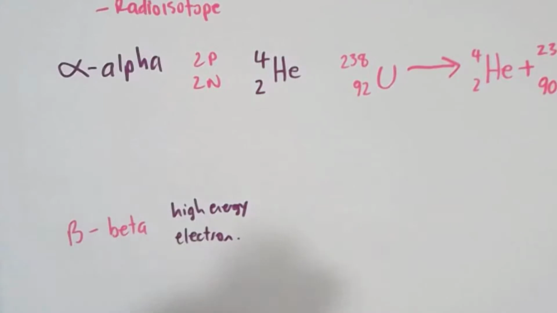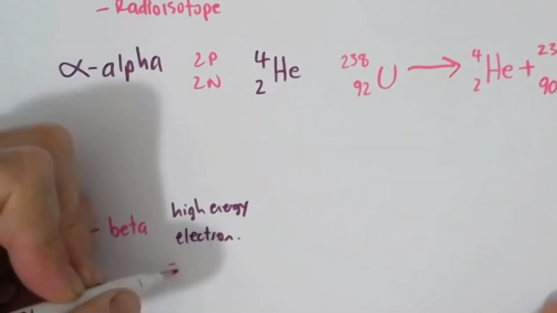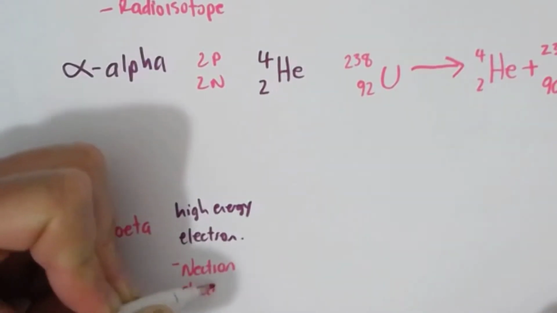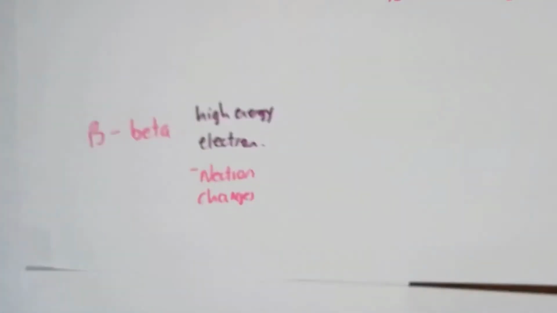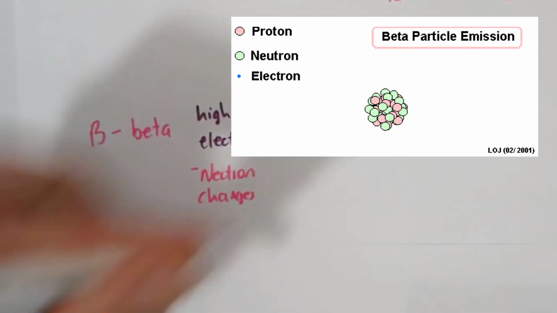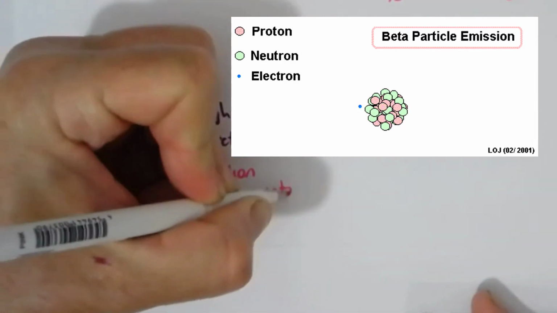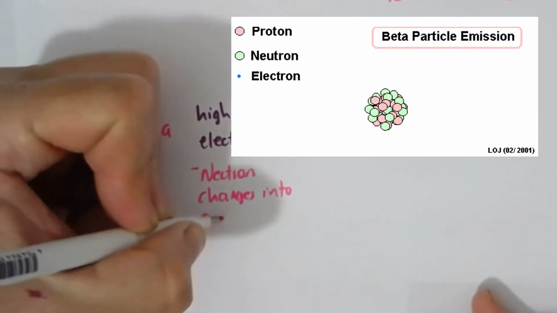Obviously a neutron is neutral, but a proton is positive. So what gets released is one electron, and a neutron changes into a proton.